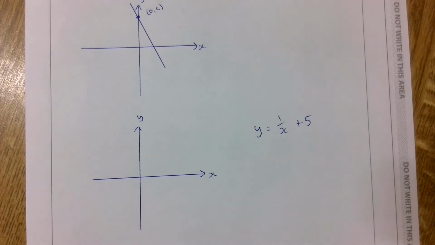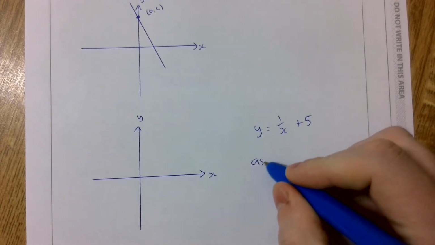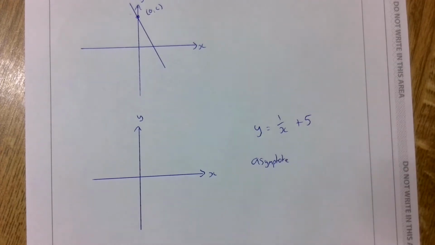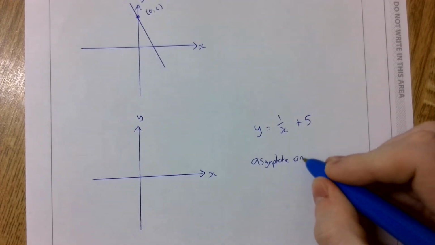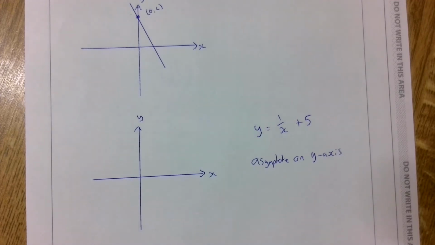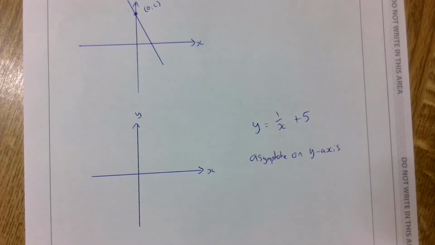It doesn't want it, but it's good to know. It's going to aid in our sketch. So I'll make a note of that: asymptote on the y-axis, which means it's not going to cut the y-axis.